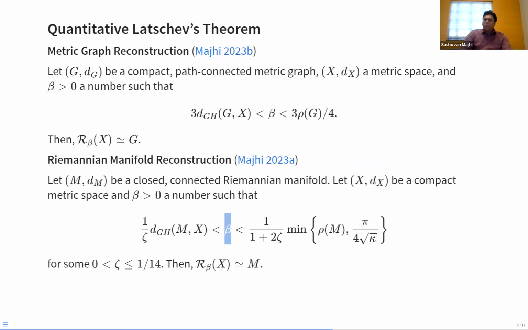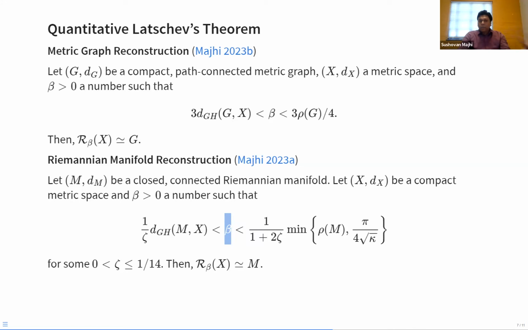All right, we'll try to go over the sketch of the proof in a while. But this is a general scheme. We need to take into account not only the topology of the manifold, as Latschev did, but also the geometry of the manifold played its role in such a scheme.